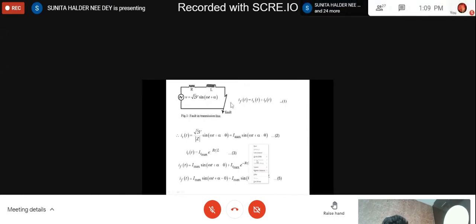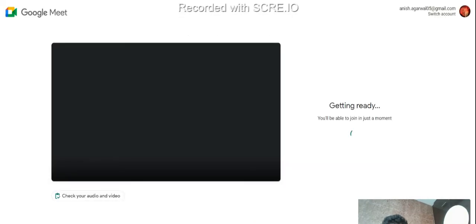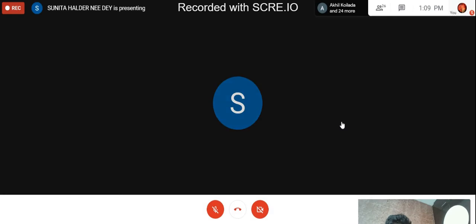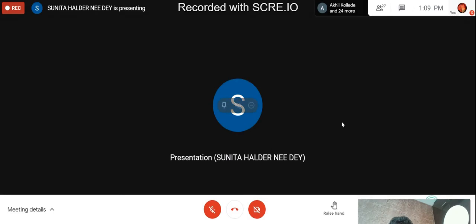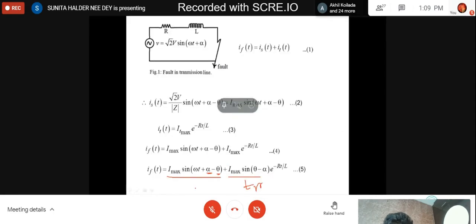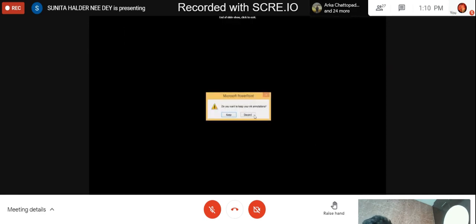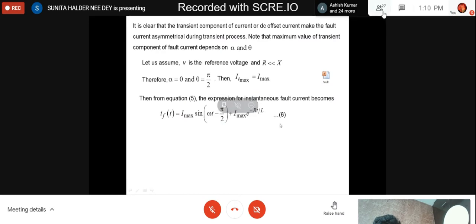This was the maximum value of the transient component. Alpha is 0 and theta is 90 degrees. Obviously the sinusoidal or steady component will be Imax sine (omega t minus pi by 2).